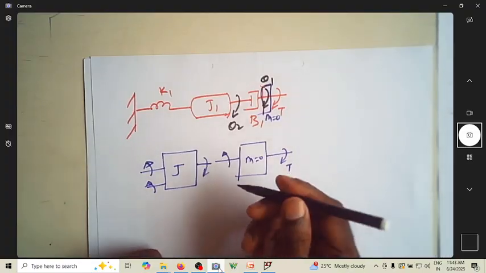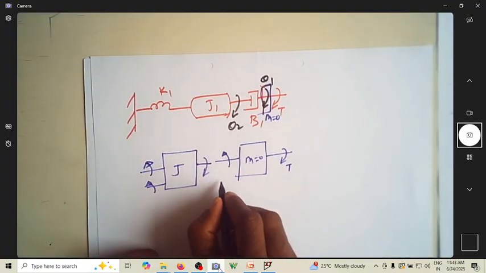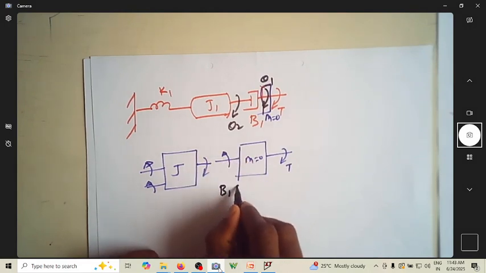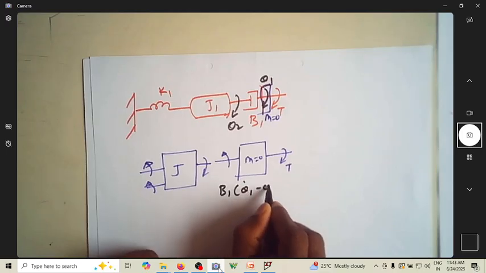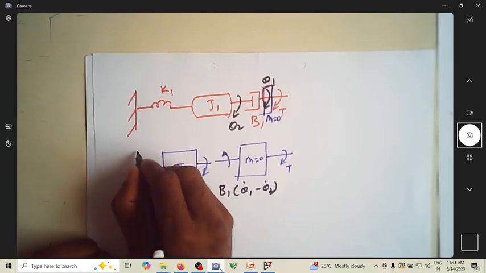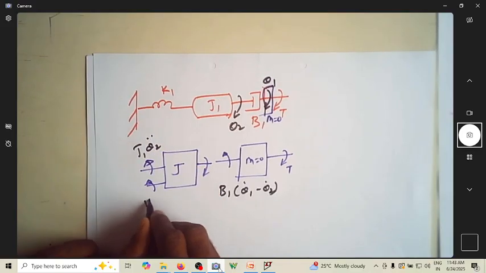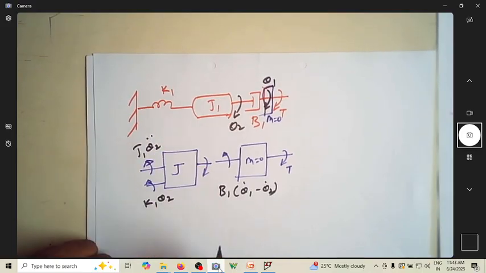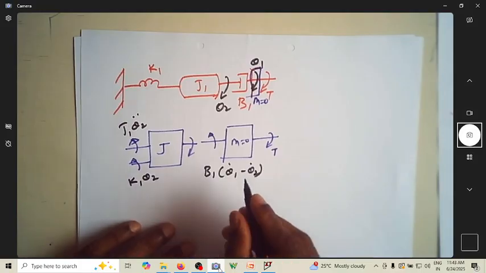So let us write this. What is this? This is actually B1 (theta 1 dot minus theta 2 dot). The same thing is the acting force on this. So here it is J1 theta 2 double dot, and it is K1 theta 2. So can I write the equation?